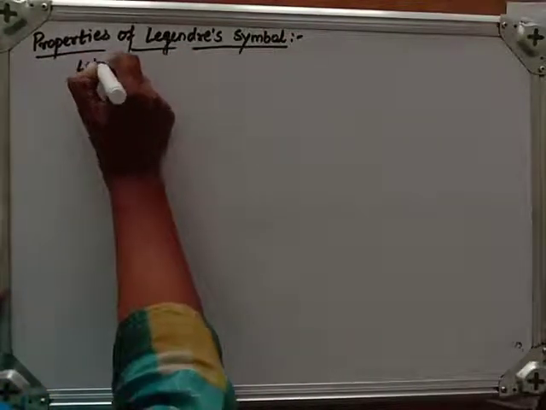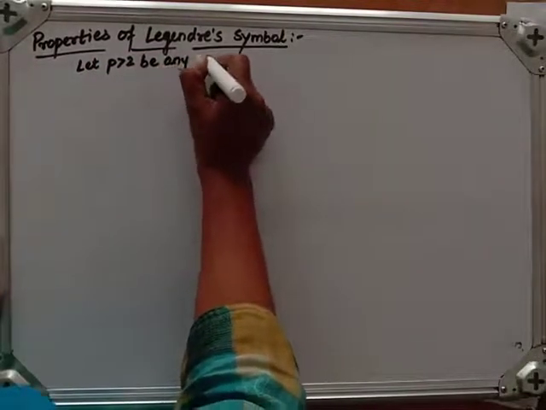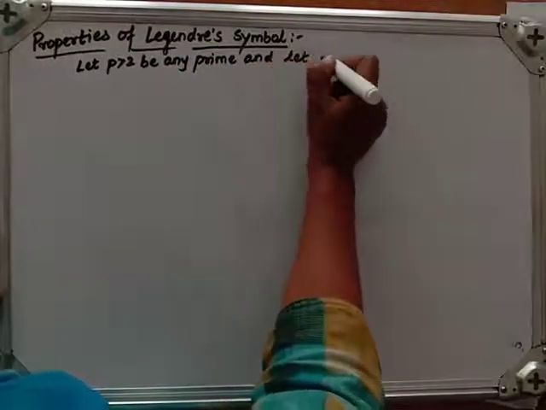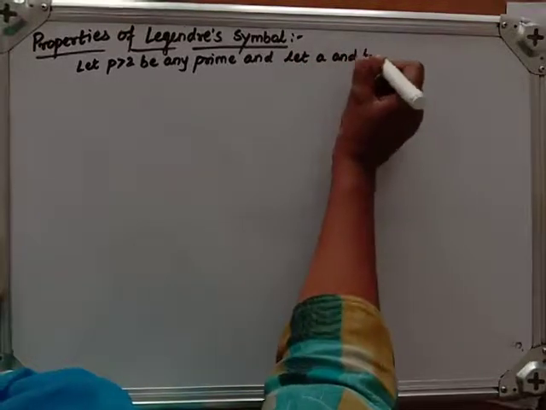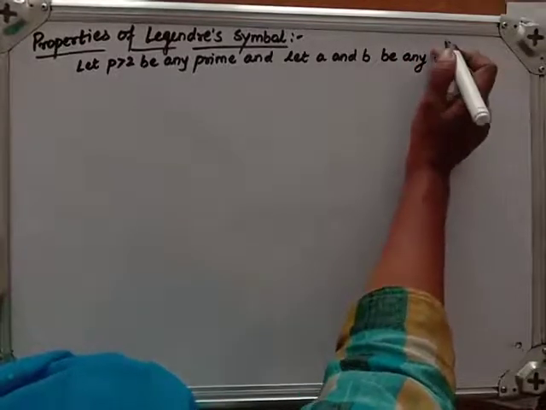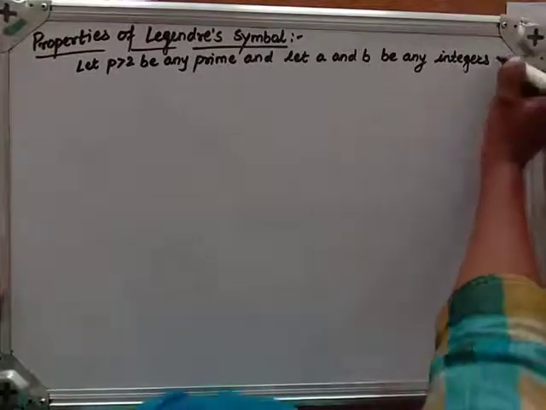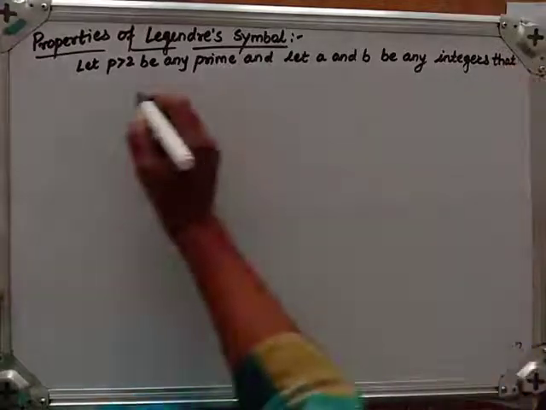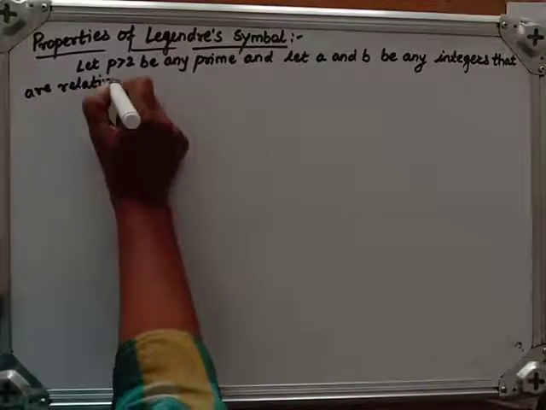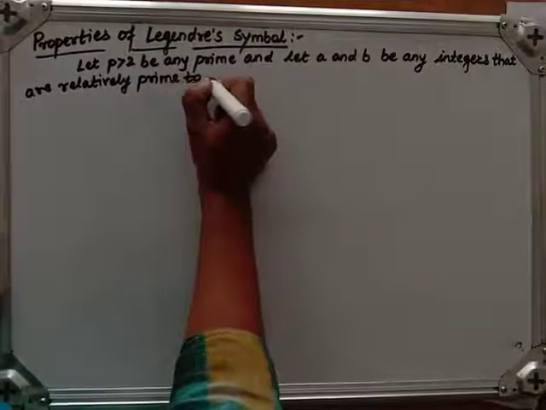Let p greater than 2 be any prime and let a and b be any integers that are relatively prime to p.